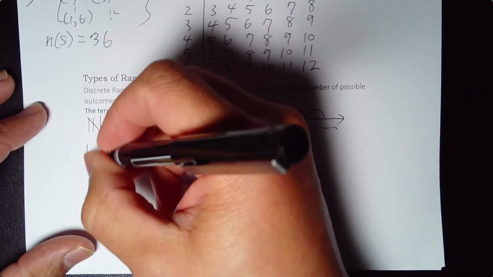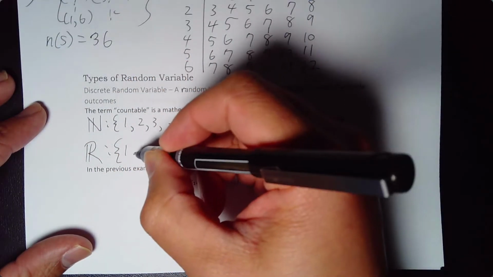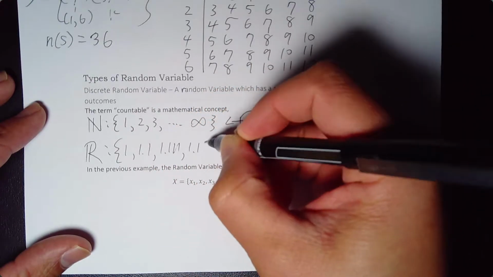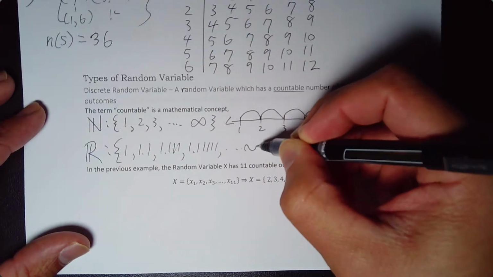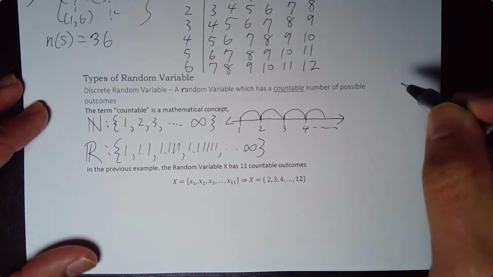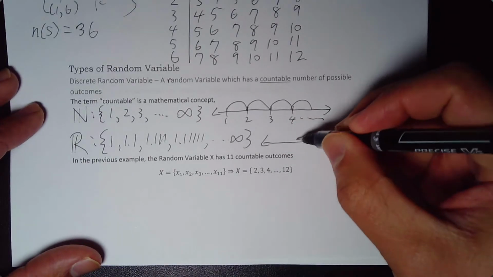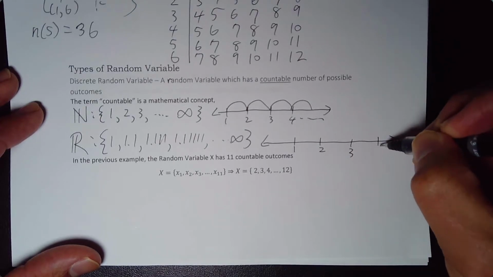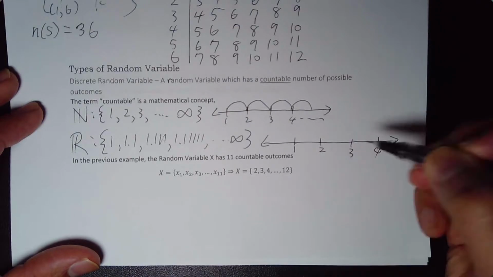Now let's take the real numbers: 1, 1.1, 1.11, 1.111, and so on. This also goes to infinity. However, I can't count it. I can visualize it better if I draw it on the number line. Let me start at 1 and count to 2. Is it possible to count every number between 1 and 2?